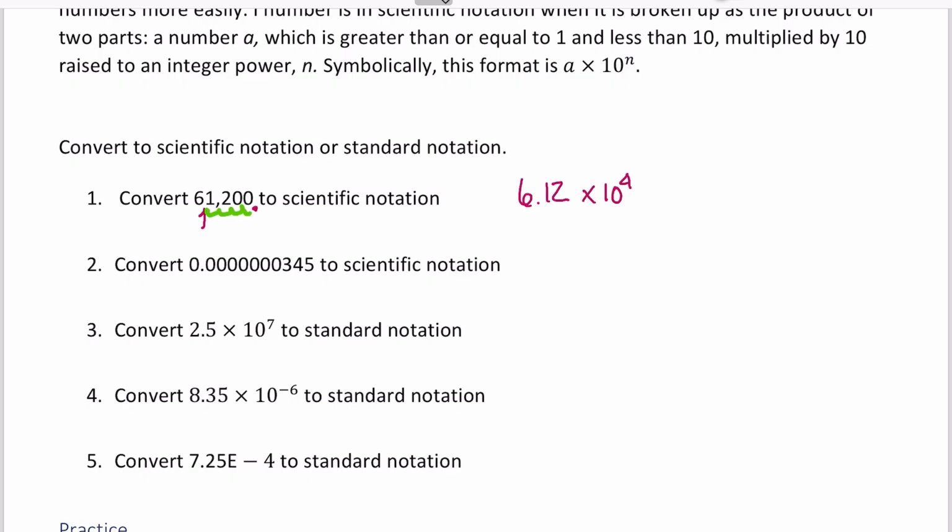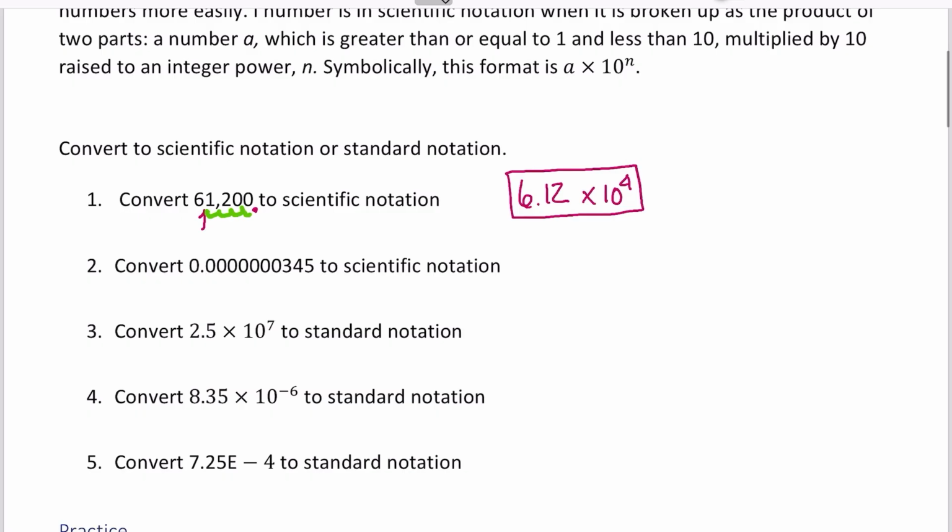That's the same as 61,200, and I want to tell you why. It means 6.12 multiplied by 10 four times.